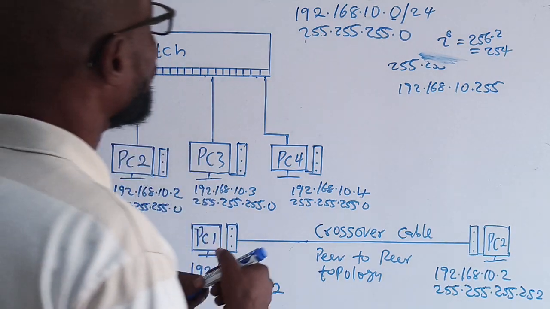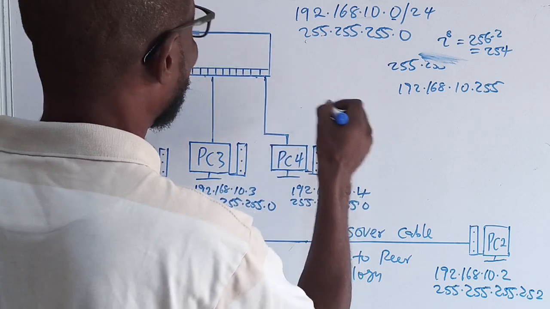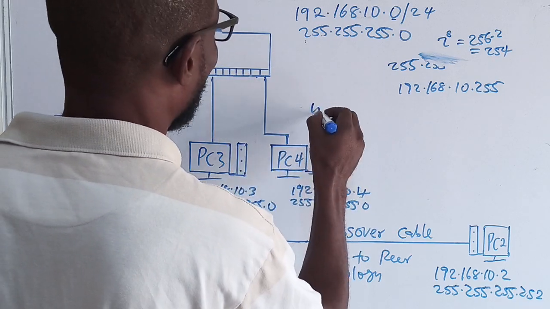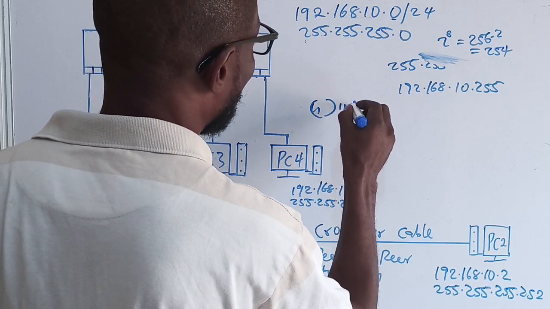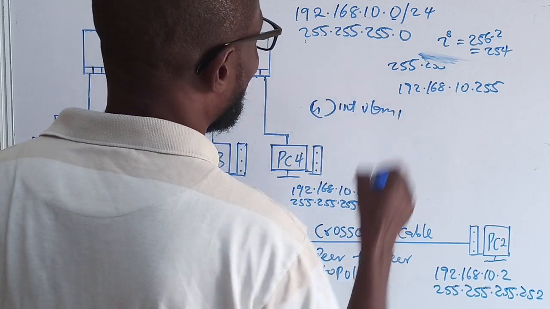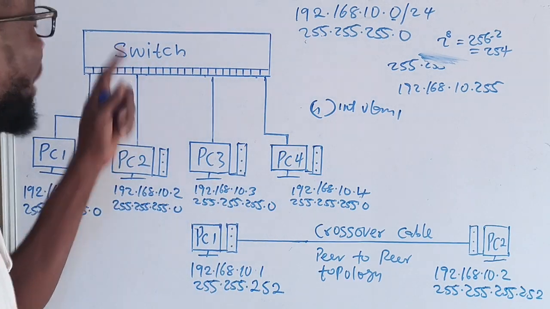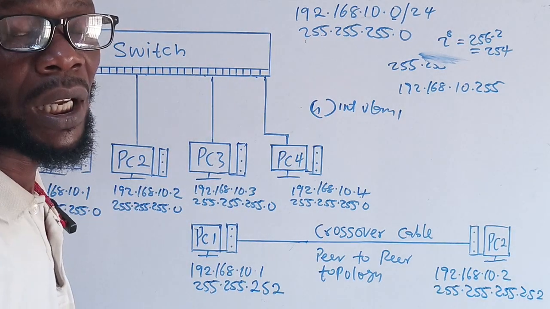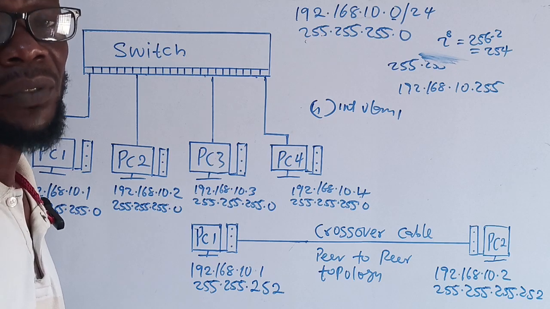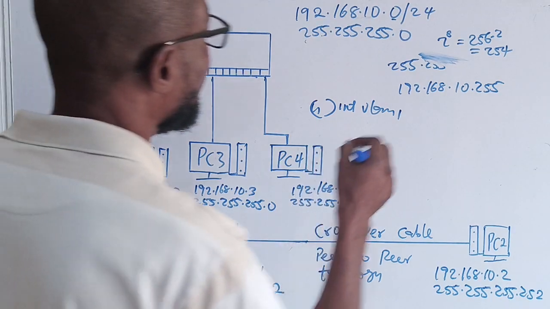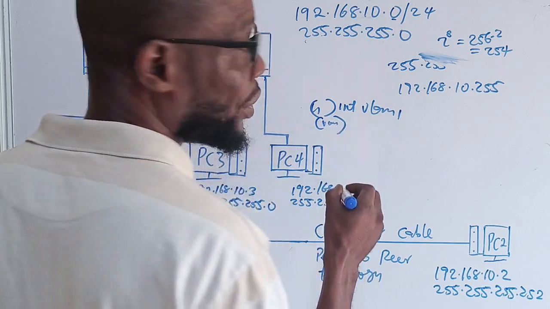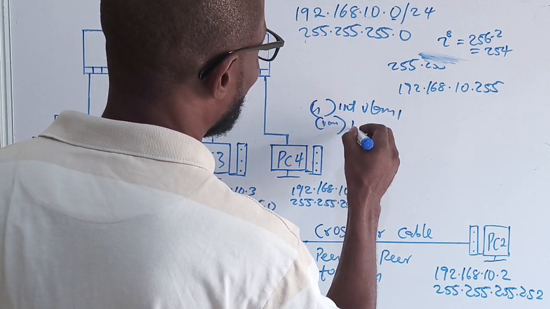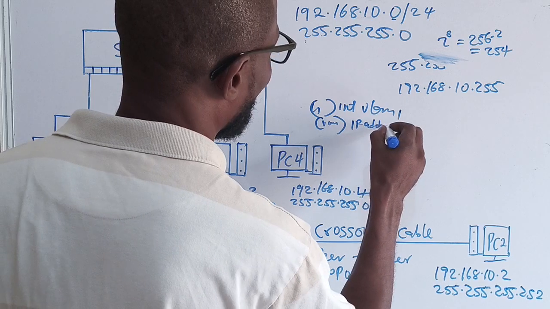How to do it: go to the switch global configuration mode, interface VLAN 1. You must use VLAN 1 if you want to give the switch an IP address. Interface VLAN 1, you hit enter, and you are in the VLAN 1 virtual LAN interface, where I put the IP address.